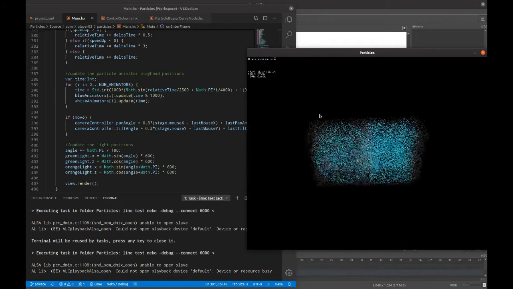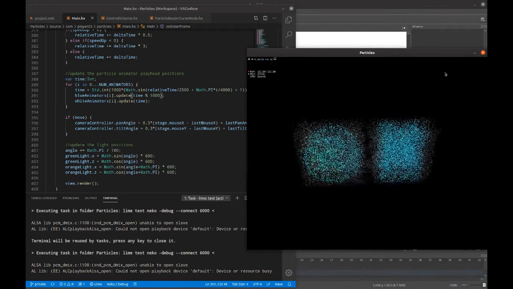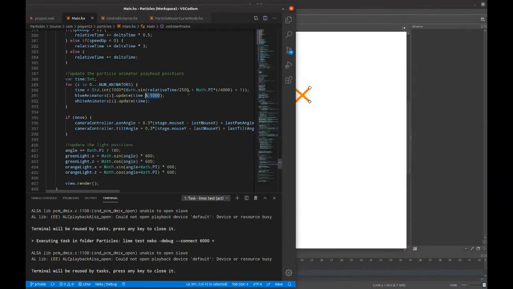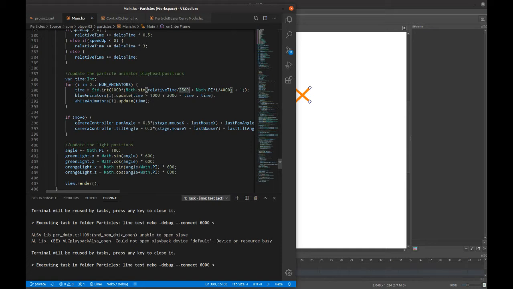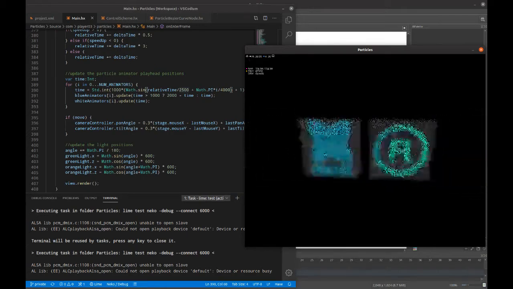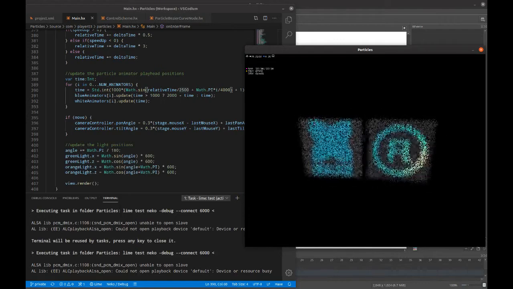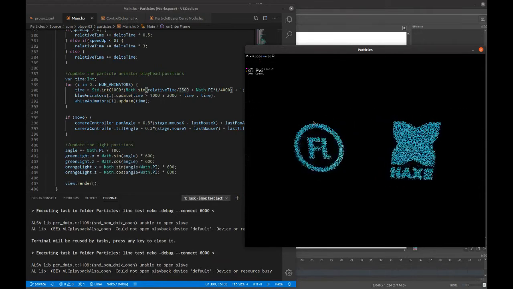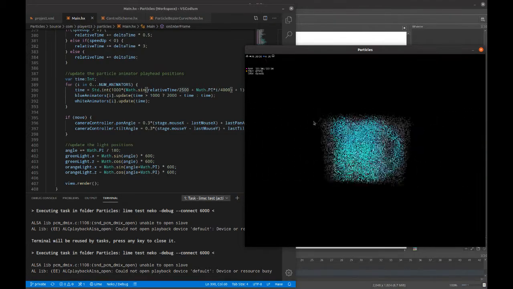Oh. Okay, I wrote the code wrong. This should hopefully create a smooth animation where the blue particles are always visible. Yeah, and of course they are still stuck with a predetermined path.